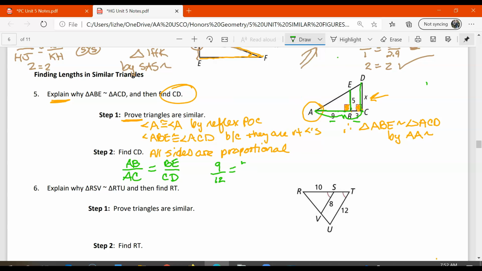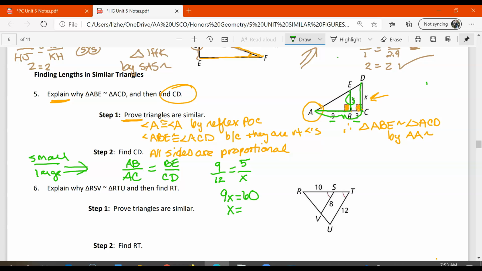BE is 5 right there, and DC is X. Now notice when I set up my proportion here, I did the small triangle sides over the large. Be consistent. So now I have a proportion I can cross multiply, so 9 times X is 9X and 12 times 5 is 60.